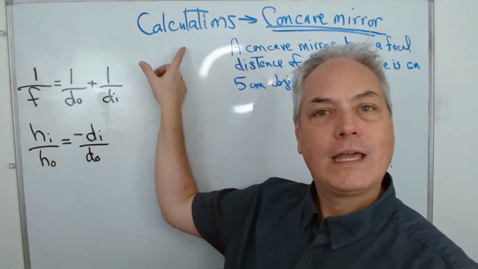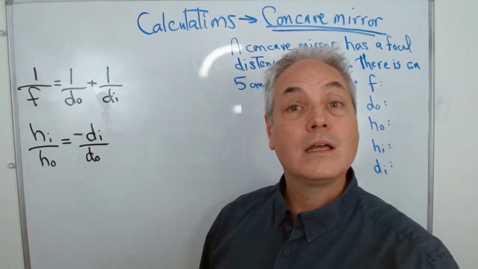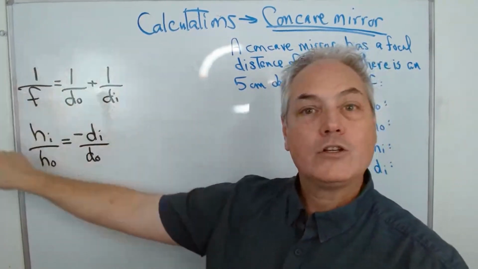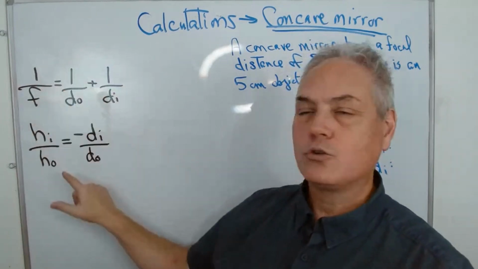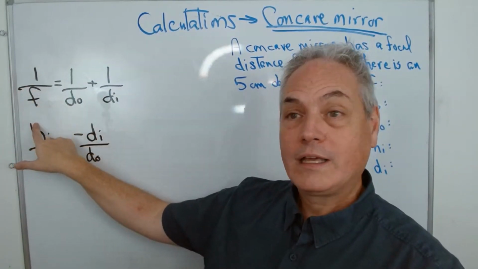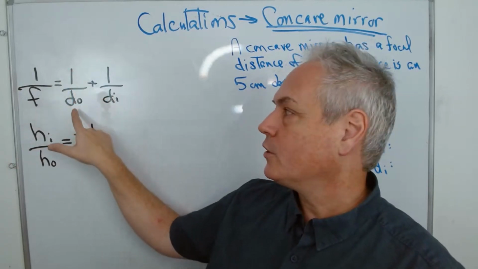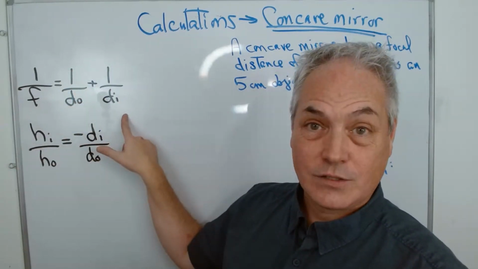So here are the few things we have to keep in mind. If you have a concave mirror and you're looking for calculations, we need some equations. The equations for the concave mirror, and the convex mirror as well, go like this. You have 1 over the focal length equals 1 over the distance of the object plus 1 over the distance of the image.